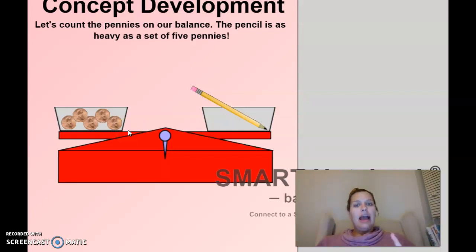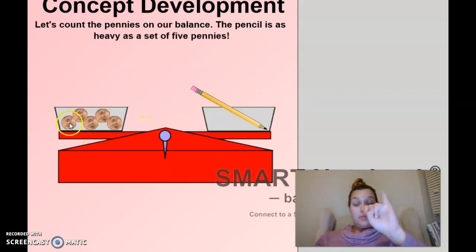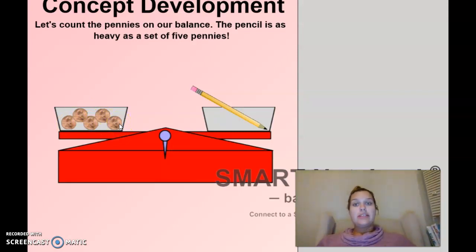So how many pennies is equal to the weight of a pencil? How heavy is a pencil when in pennies? Well, we can count them. Very good. 1, 2, 3, 4, 5. So when our scale is balanced, it is even and straight across.